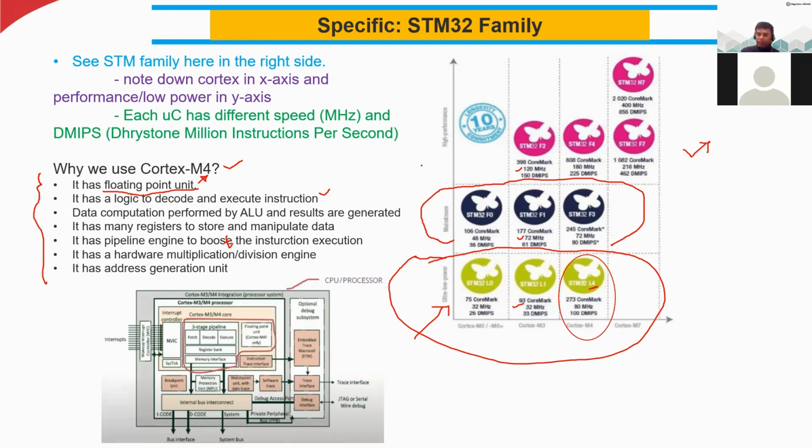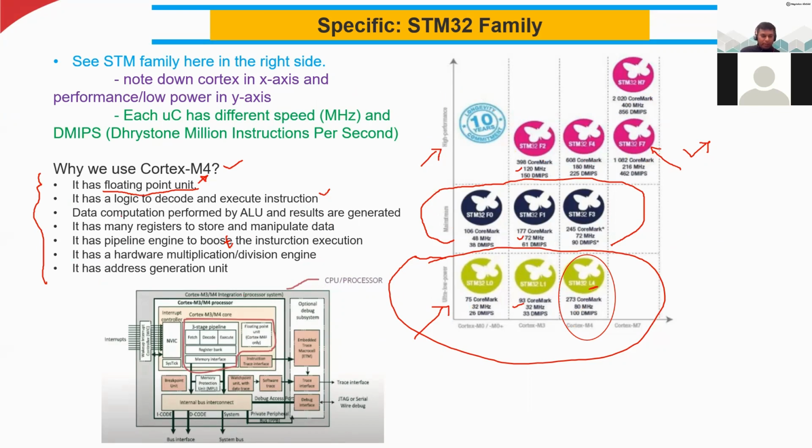So high performance is here in this third row, but in this ultra low power, you can also achieve quite good performance. Of course, if you use this microcontroller in some critical applications, then you really need very high performance. Then you have to choose some other series, for example, the F7 or H7 series. But for this kind of beginner project, L4 is good enough.